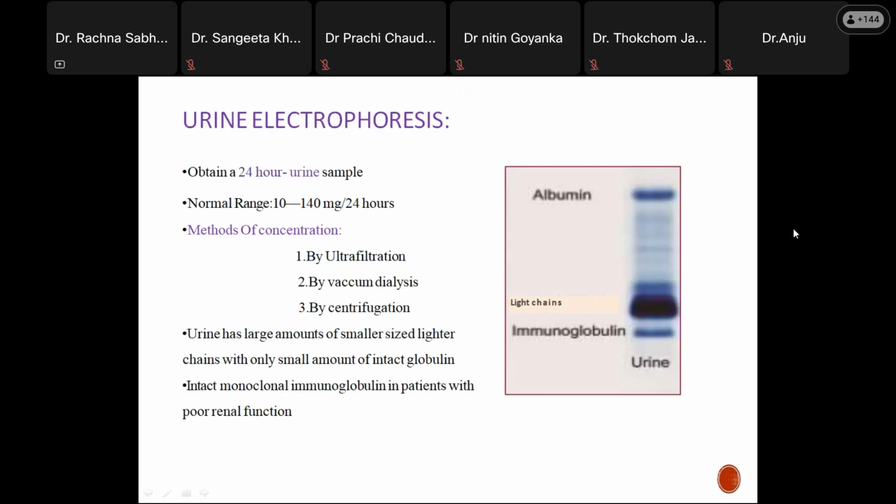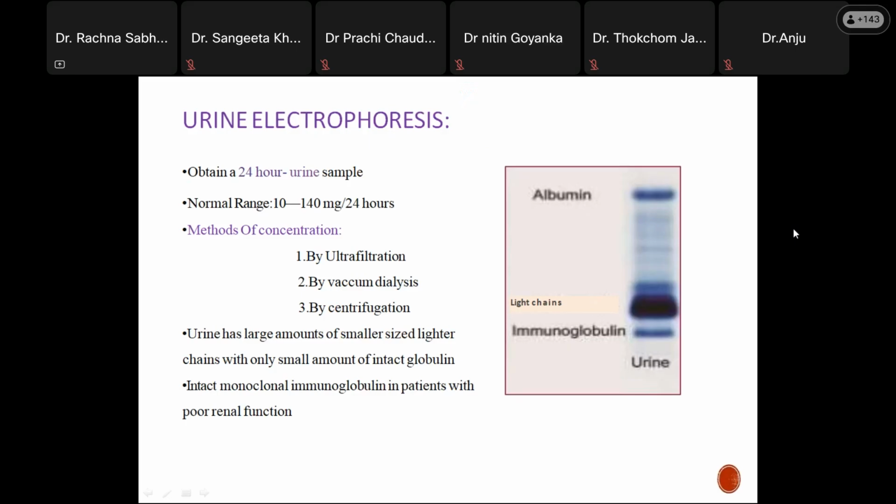Although this spike is usually greater than 3 grams per deciliter in patients of multiple myeloma, up to 1/5 of patients with this tumor may have an M-spike of less than 1 gram per deciliter. So we have to consider the size.